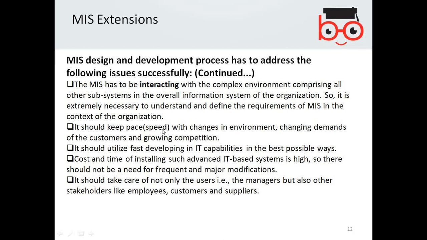It should keep pace. It should have a consistent speed with changes in environment, changing demands of the customers, and growing competition. So you should be going with a particular speed for all the changes in the environment and demand.